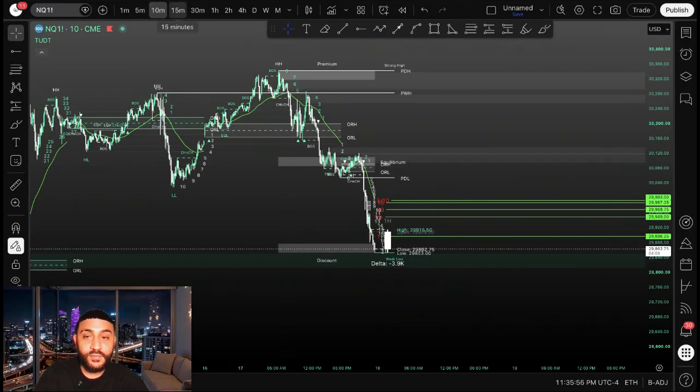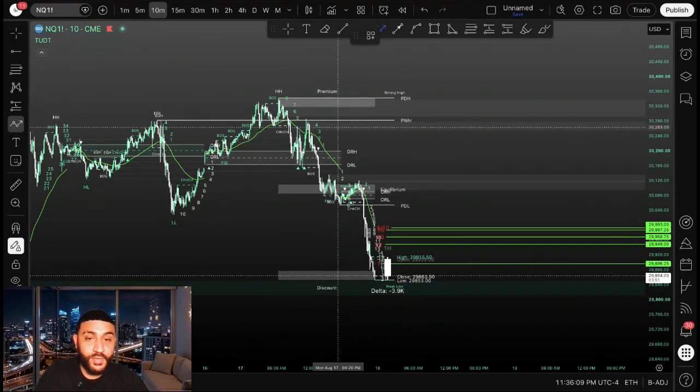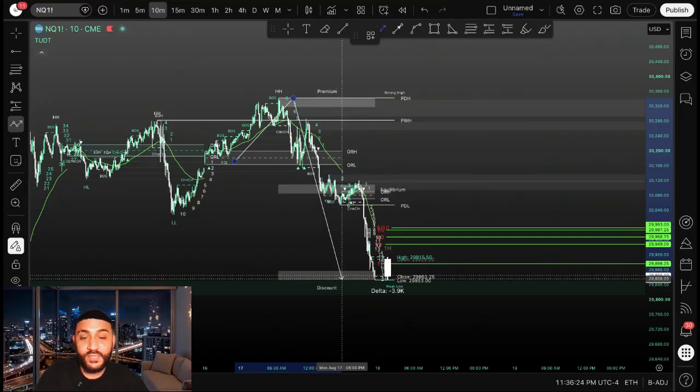The next thing that you want to look at is, depending where you are on these areas, that's going to be the direction in which you want to trade. So for instance, what I mean by that is if you are coming into premium, then you're looking to short it through the 1 minute, the 5 minute, the 10 minute, and the 15 minute is usually where you're going to pivot or get the continuation into the discount zone, right?